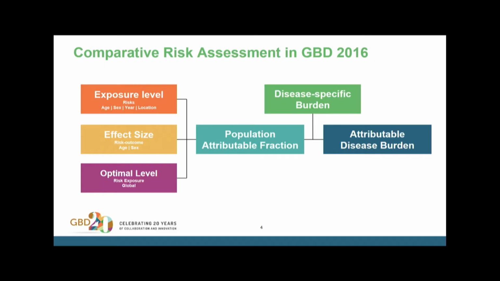Using these 3 input data, we estimate the population attributable fraction, which represents the proportion of the disease burden that could have been averted if the BMI level had been sustained at the optimal level. And by multiplying the population attributable fraction by the disease-specific burden, we estimate the attributable burden for each risk outcome pair.